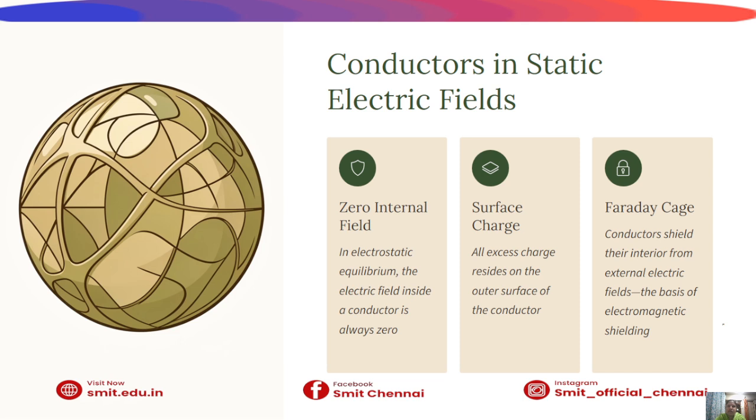As a result, all excess charge resides on the outer surface of the conductor. Conductors also have the ability to shield their interior from external fields. This phenomenon is known as electrostatic shielding. This principle is used in devices such as Faraday cages to protect sensitive electronic equipment from external electric disturbances.